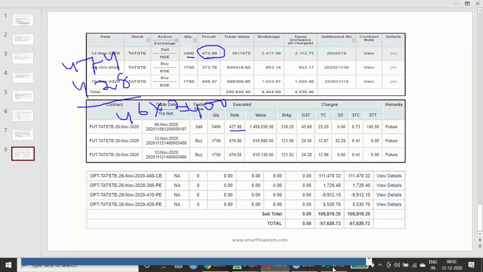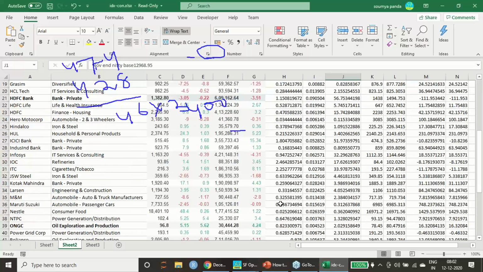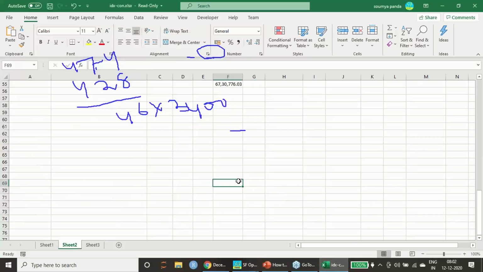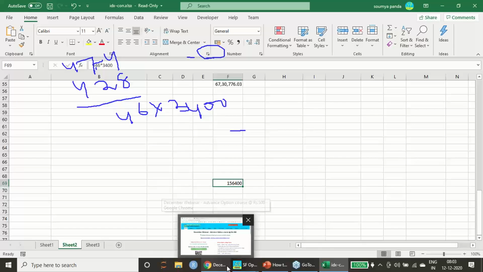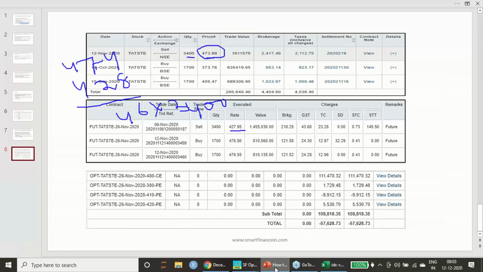So here I am getting 1,56,000 rupees of profit, more profit in the equity. I could have sold at 428, 428 profit is capped, but this 1,56,000 is coming as an additional profit on the same holdings.